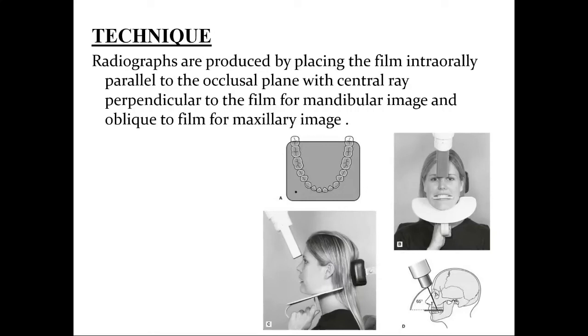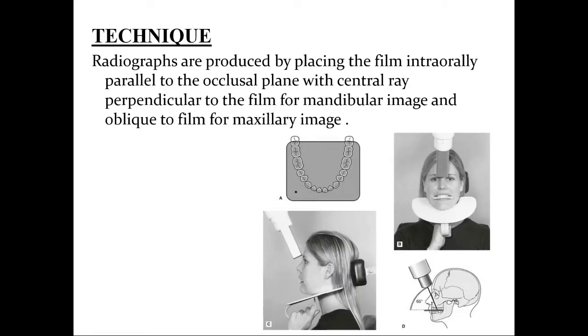When the question is asked to describe the technique, you have to always start by speaking about the image field, then how the X-ray film is placed, and then the projection of the central ray and the point of entry. They have explained it well.